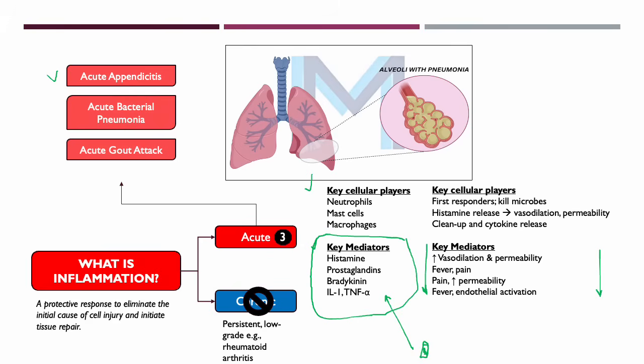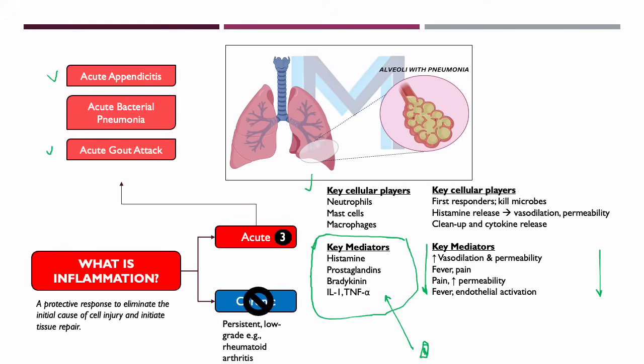Another one is bacterial pneumonia. It causes alveolar exudation and infiltration with neutrophils, leading to consolidation of lung tissue. And Streptococcus pneumoniae, I think, is the most common cause. The classic findings here include fever, productive cough, lobar opacities on imaging, etc. Another one is acute gout attack.